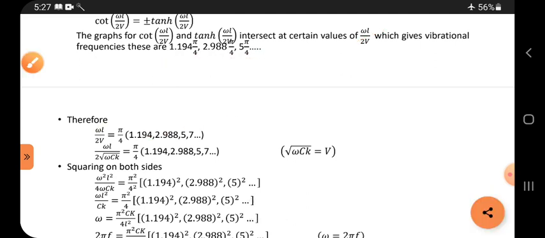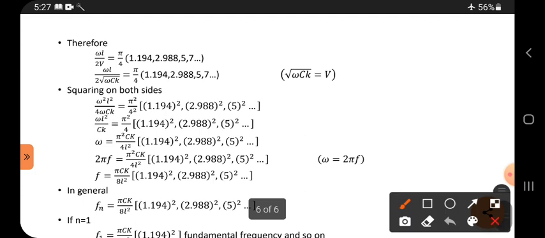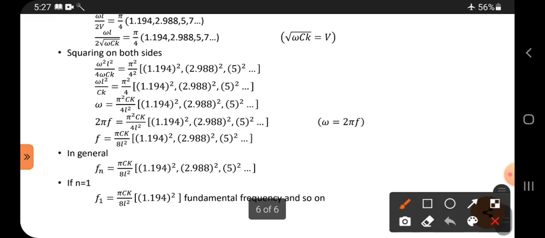But we know the v value as under root omega ck. The v value under root omega ck is equal to this one, taken here. The pi is common, because pi is multiplied to all. Now squaring on both sides, what do you get? If we square this one, omega square L square, upside 2 becomes 4, and for this square the square root cancels.